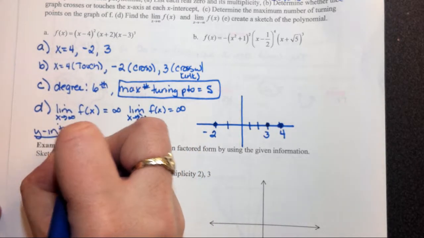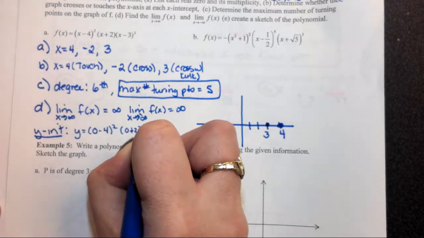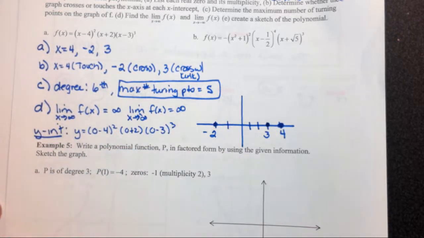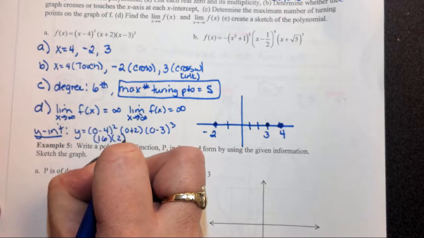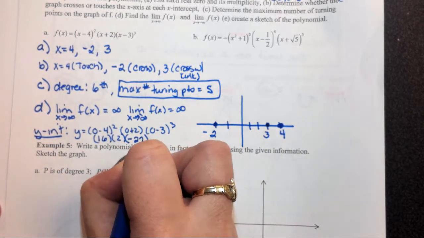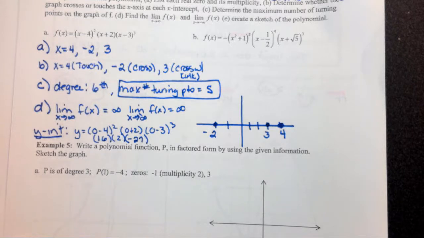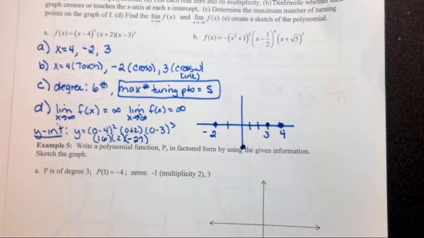So again, 0 minus 4 squared, 0 plus 2, 0 minus 3 to the third. -4 squared is 16 times 2 times -27. But we know we're going to get a really small number down here, aren't we? So just put that point as low as you can on the y-axis.